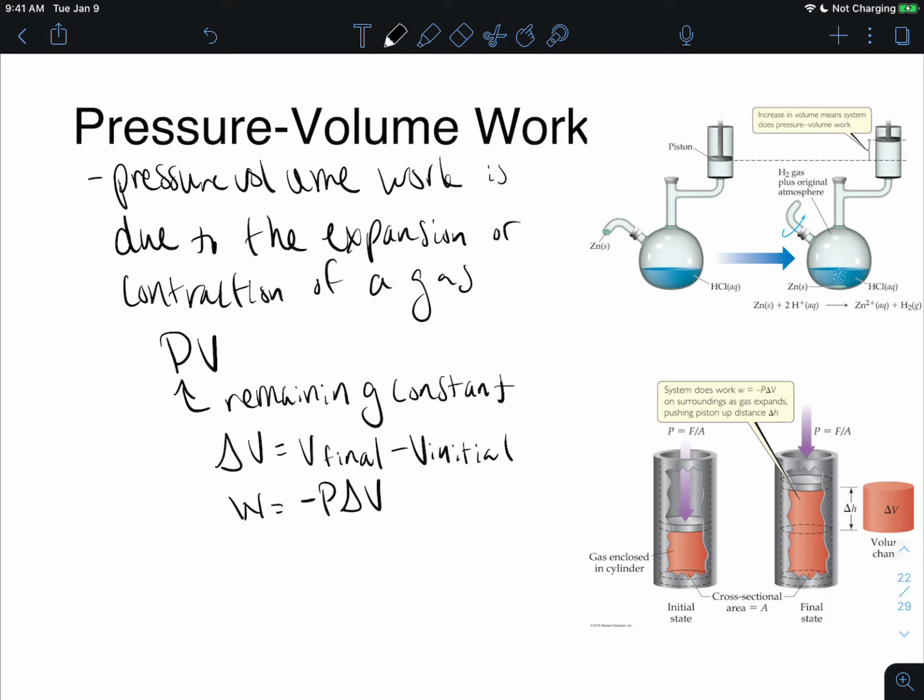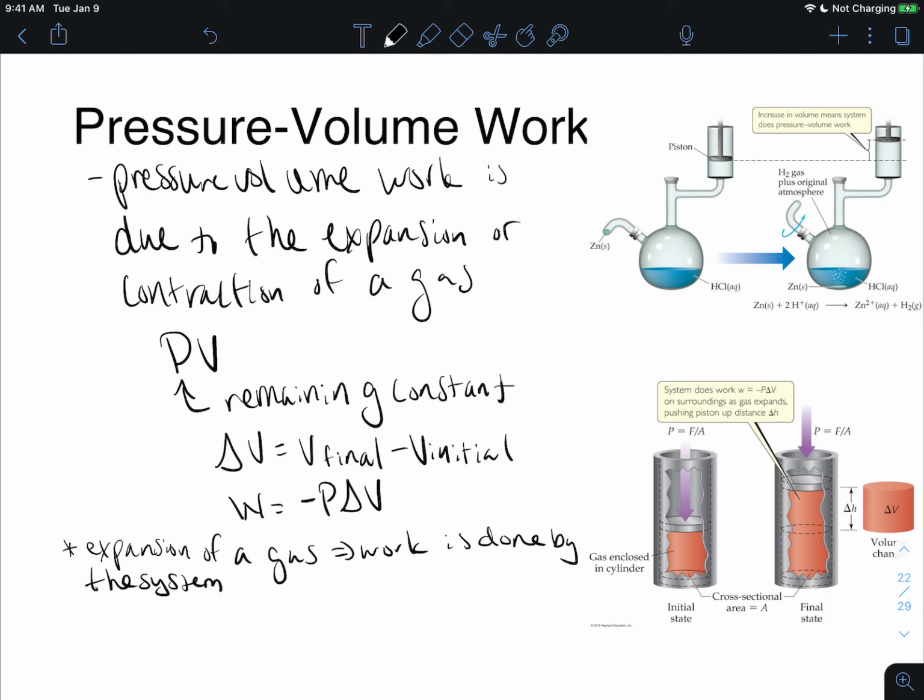So for expansion of a gas, work is done by the system.